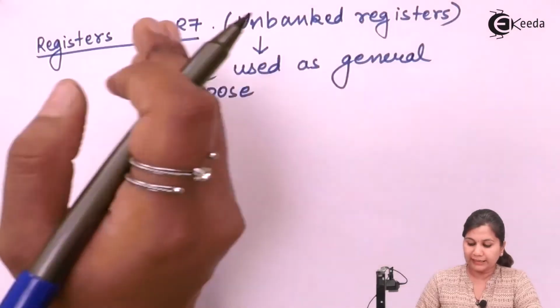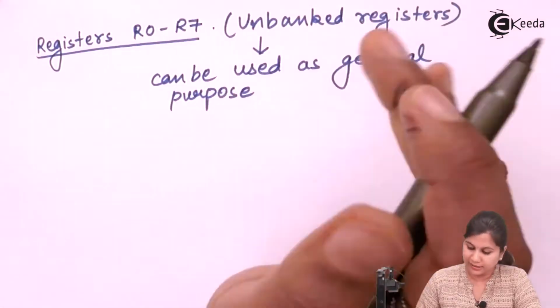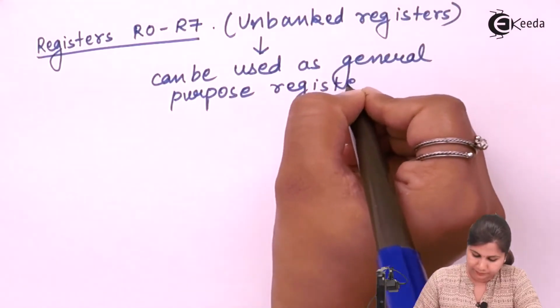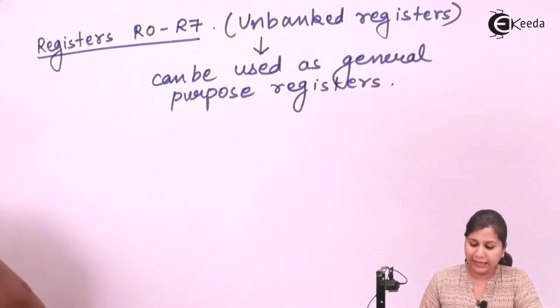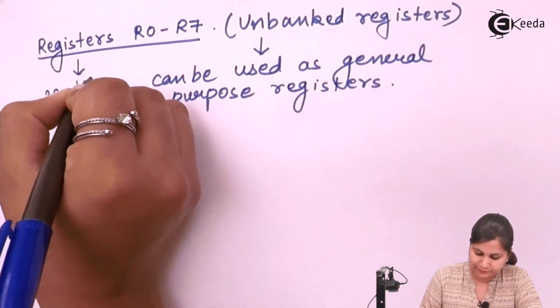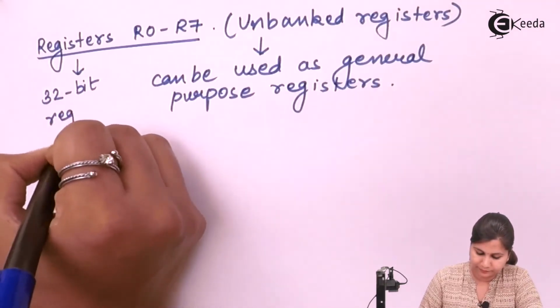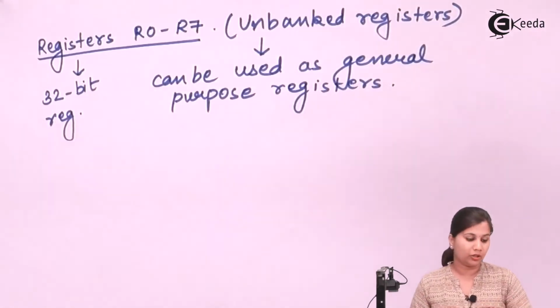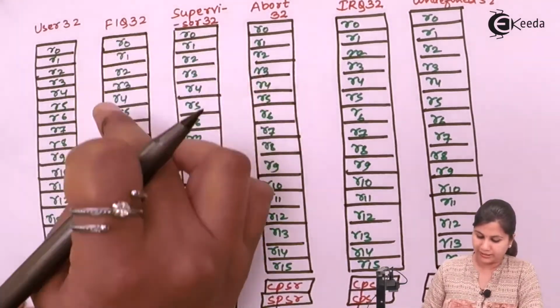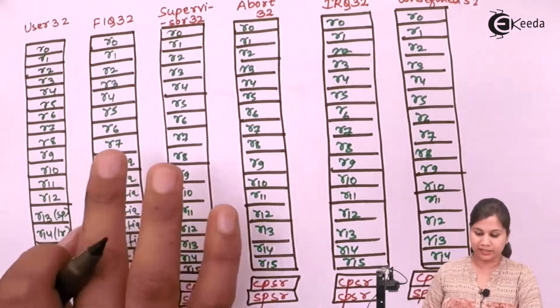So just like that, the R0 to R7 registers can also be used. And each register, we know it is a 32-bit register. Okay. So in this, you can see that R0 to R7, these are the unbanked registers.